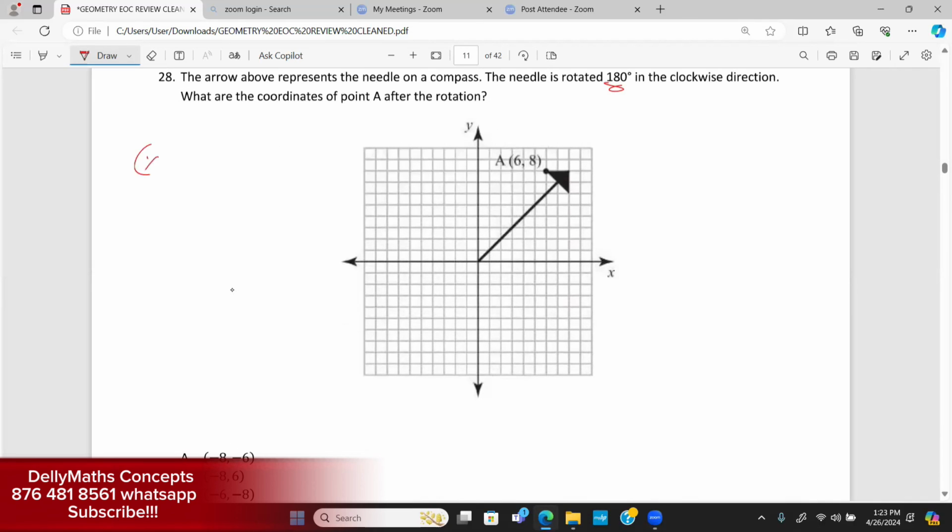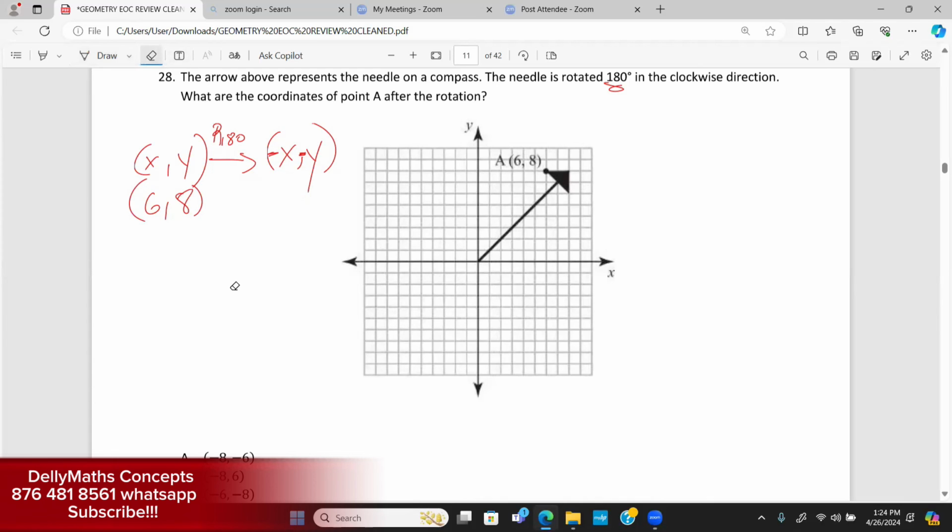I'm just going to give a quick disclaimer. When you rotate 180 degrees in any direction, all that happens is that the signs of the coordinates change. That's all. Let me go back.